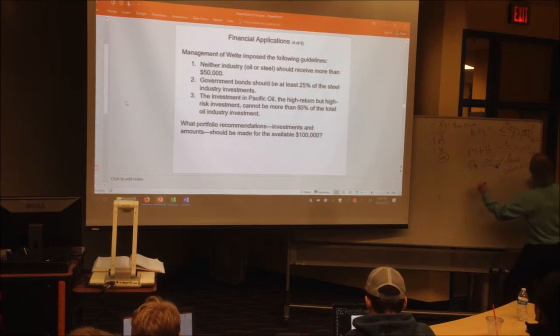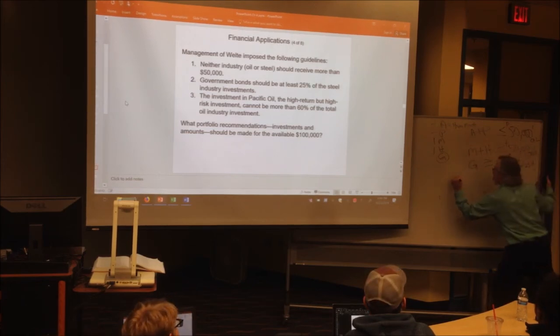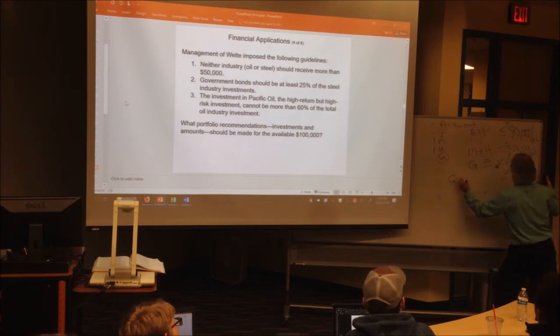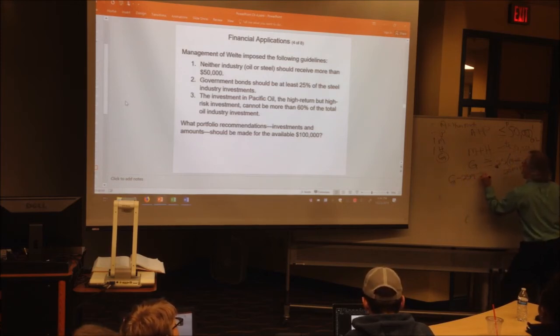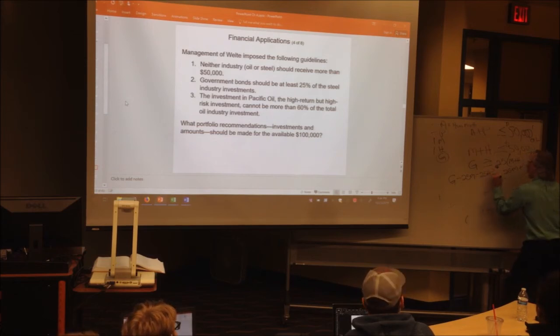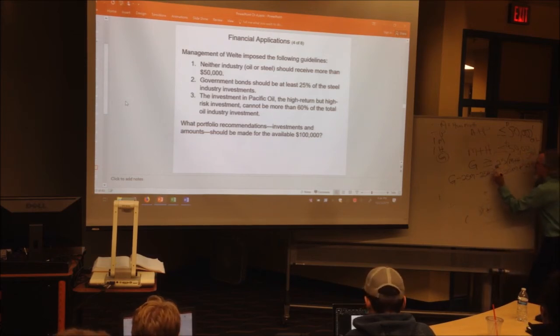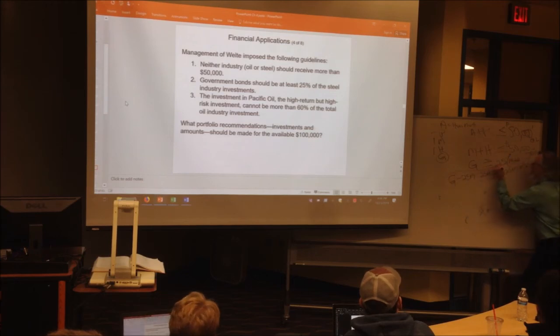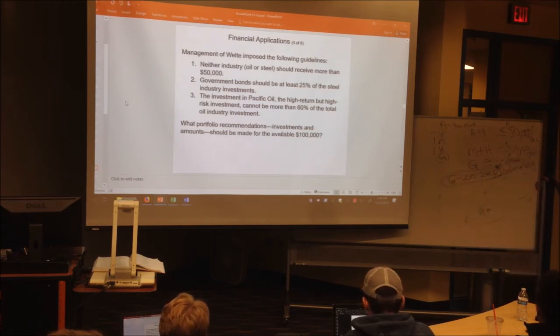So I have G minus 0.25M minus 0.25H greater than or equal to 0, since nothing's left on the right. Your constraint turns into this, and that's how you hand it in, making sure there are no variables on the right.